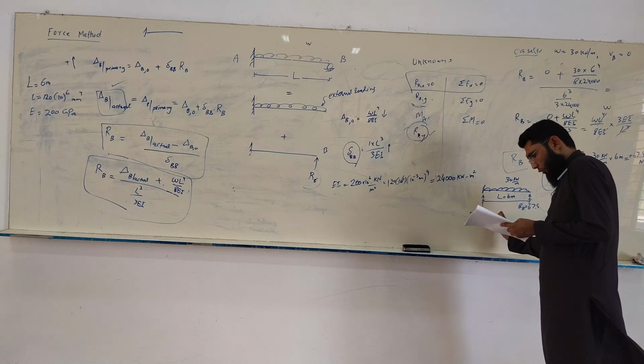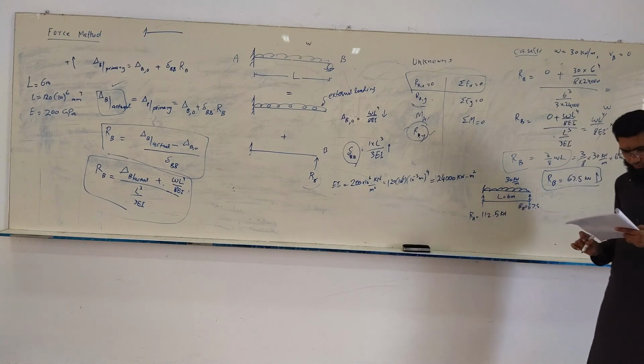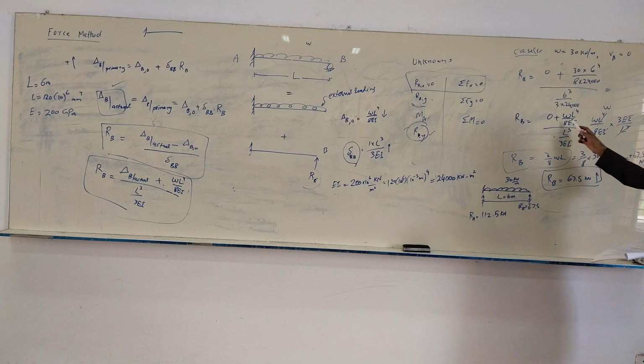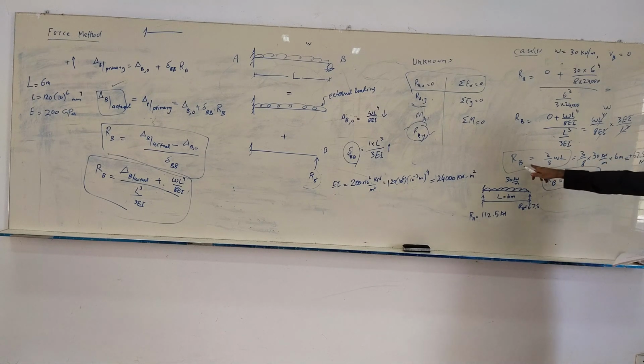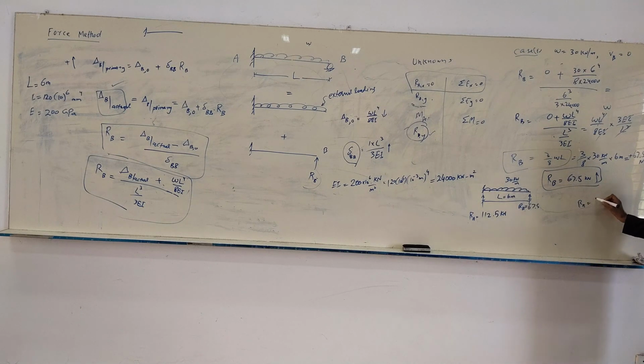So you get 112.5 kilonewton. Or you can work in general values. If RB is given to you, you can find RA like this. WL is the load equivalent from the UDL minus 3 by 8 times WL. Okay.